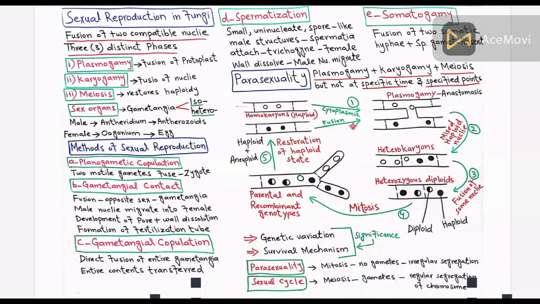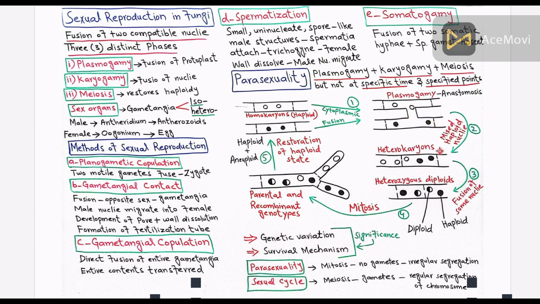This is the first step of the parasexual cycle, in which two different fungal strains are involved. The first step is cytoplasmic fusion, also called anastomosis. Anastomosis is equal to plasmogamy in the sexual cycle, and this is the fusion of cytoplasm between the two hyphae.